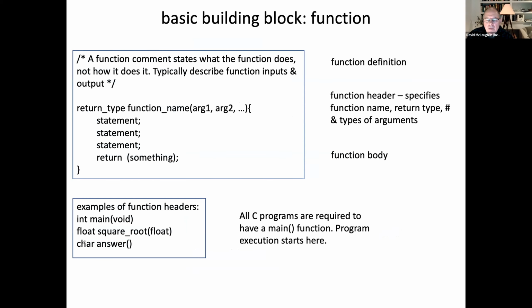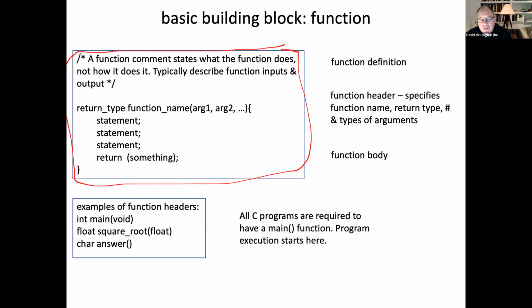Okay. Just a little bit more detail about a function, which is sort of what I just described on the previous slide. If you have a function, what we want to do as good programming practice is put a block comment before the function that states what the function does. It doesn't have to describe how it does it, but it states what this function does.